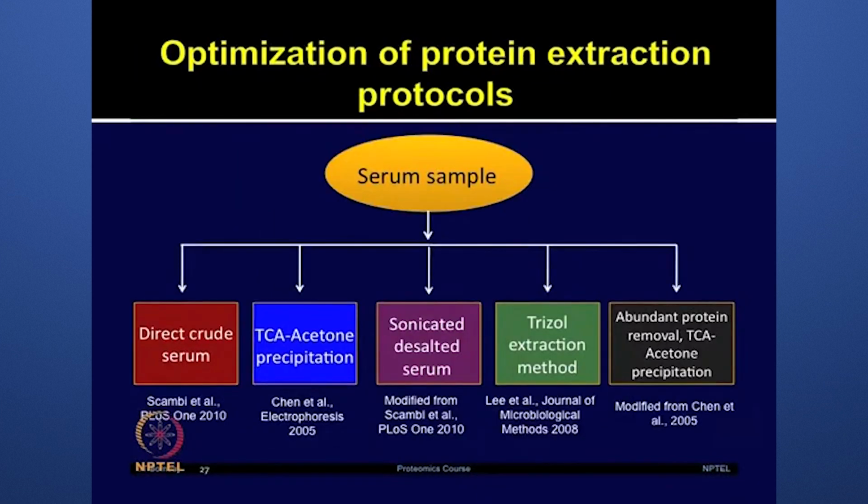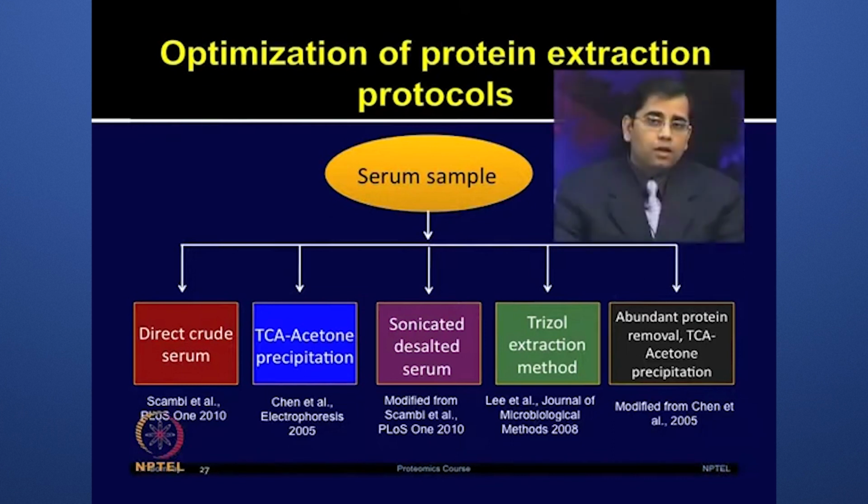Now, after processing of these samples, how to extract the proteins. So, the protein extraction protocol was also optimized, and to optimize these protocols, first of all we looked at what different methods are available in the literature.